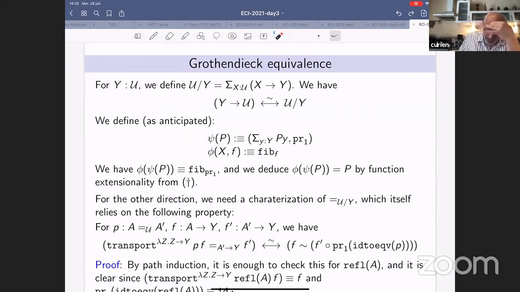The theorem says that the type of all type families indexed by capital Y is equivalent to the type formed by a pair of a type and a function from this type to Y. So this is our goal.